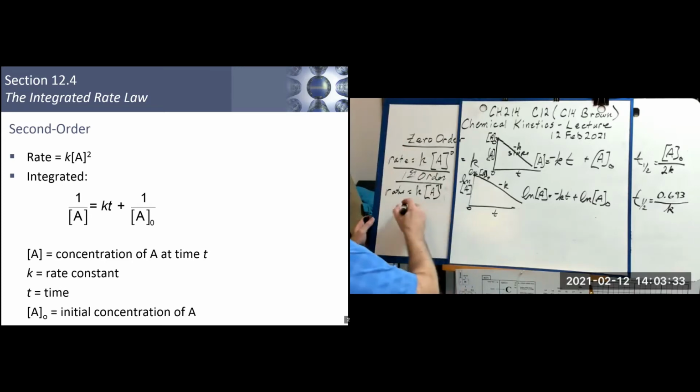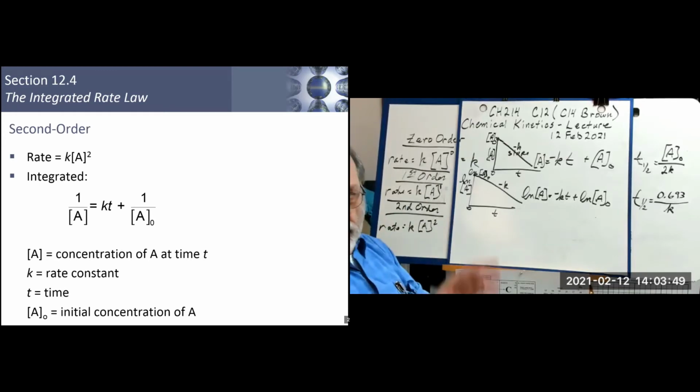So for second order, we have rate equals K, A to the second power. These are the three main, most common order expressions for single reactants.